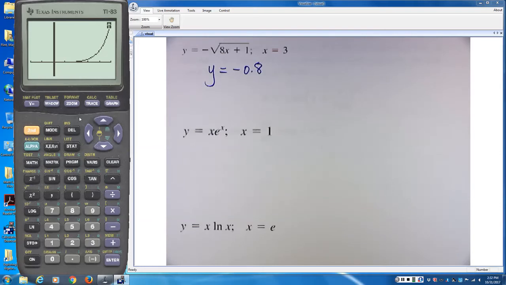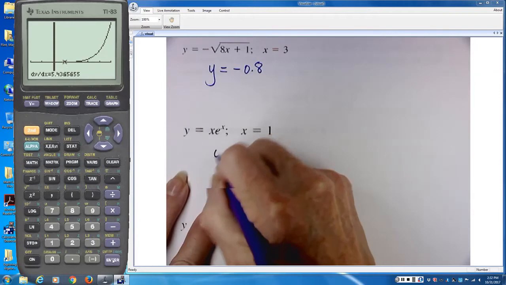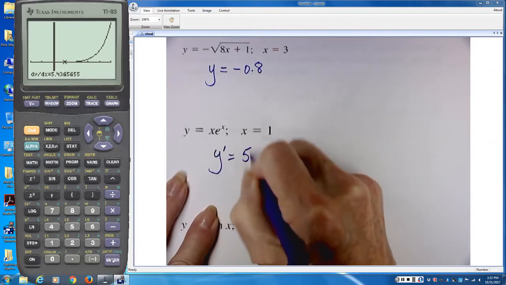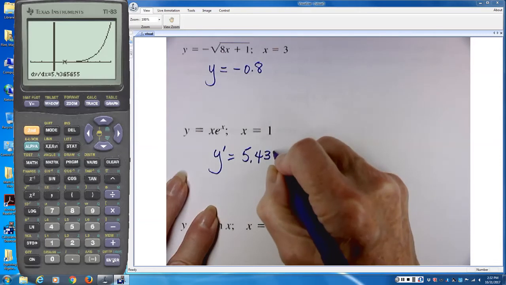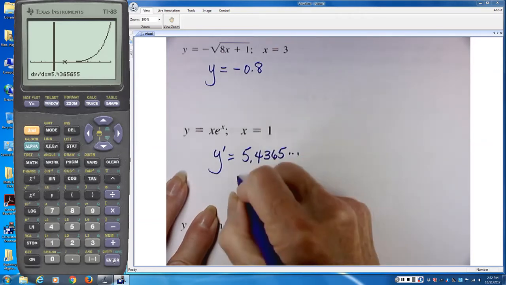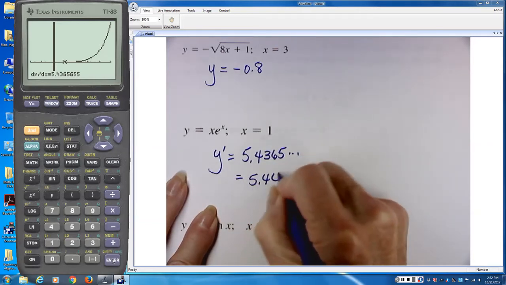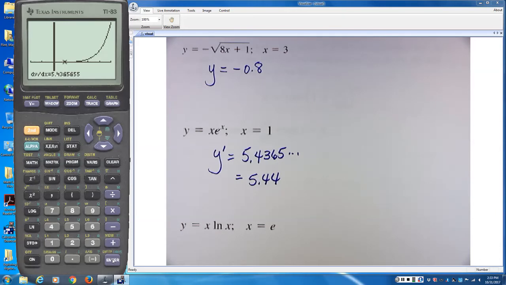And then I go second, trace, choose number 6, which is the derivative. Tell it what value of x you want. We want 1. And it says the derivative is 5.436. So 5.44 would be okay.